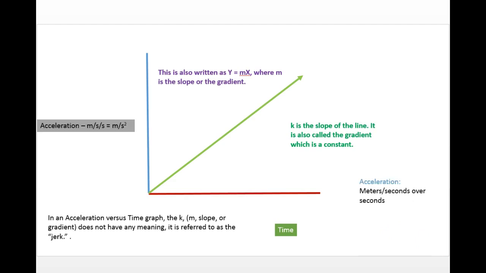And then we could have an acceleration versus time graph, and in an acceleration versus time graph, we have meters per second over second, which gives us meters per second squared. The slope of that line does not have a lot of meaning in certain circles, but in other circles it is referred to as the jerk.